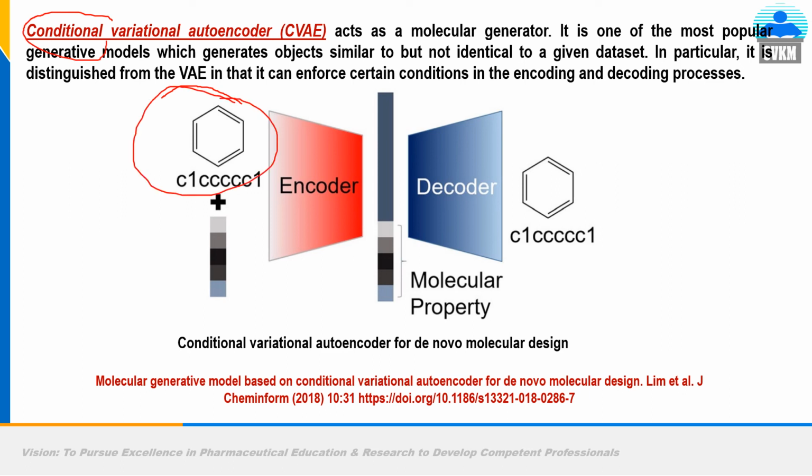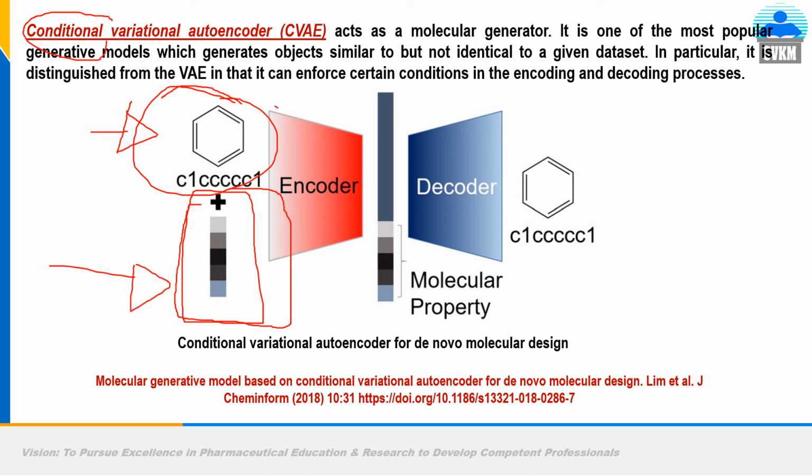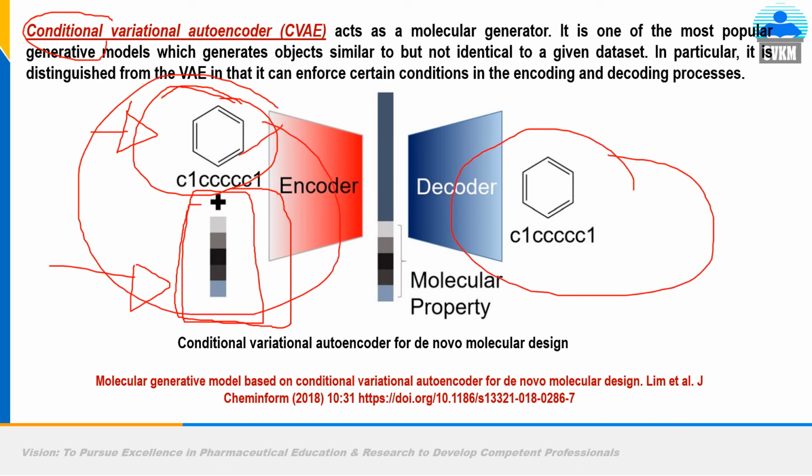Two jobs are to be done by this autoencoder. One, to generate in output only those molecules which resemble the input, and they should also have some property like logP value or solubility. All those things should be incorporated while training. Then with these two inputs, the molecular structure and the desired property, it will generate only those structures which meet both.